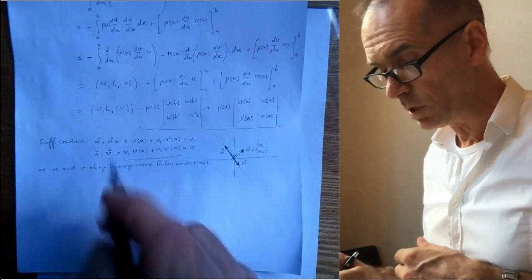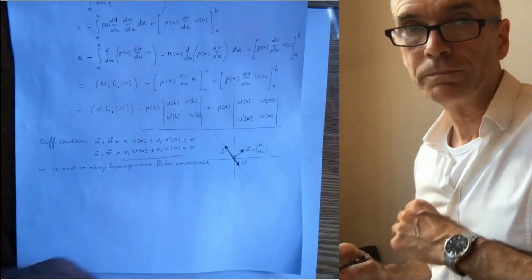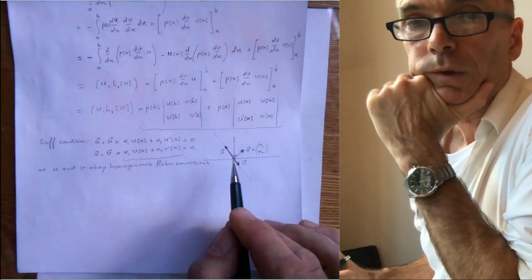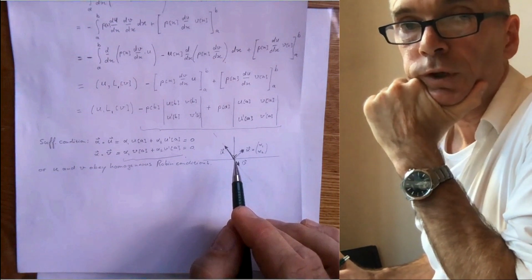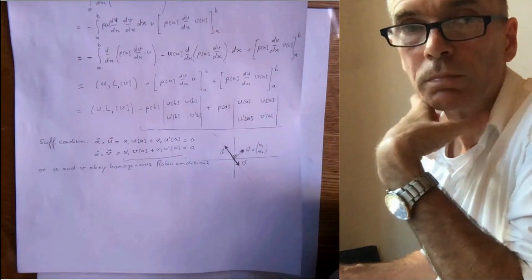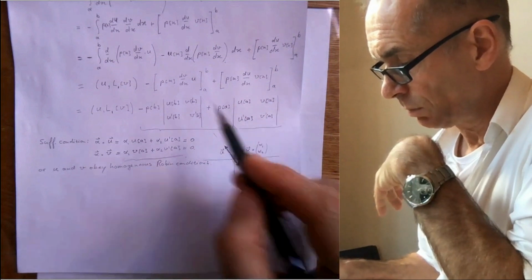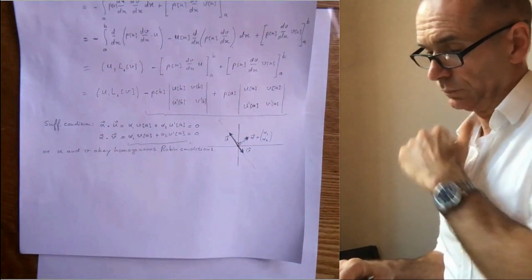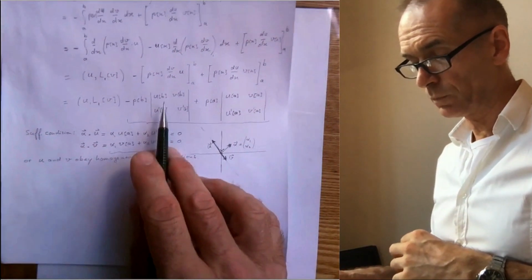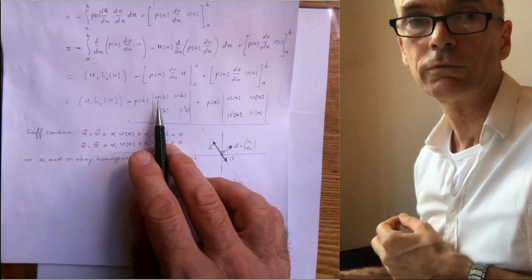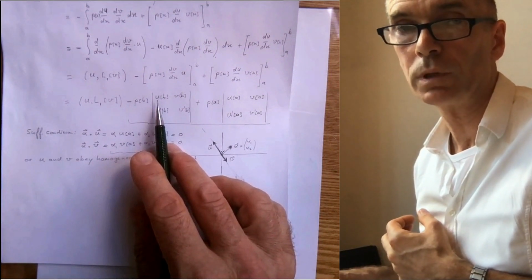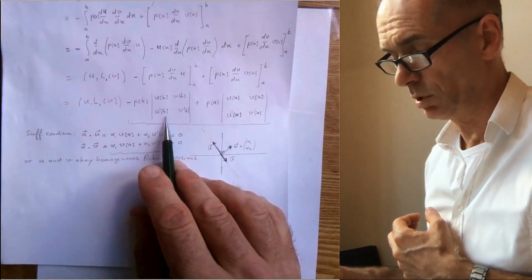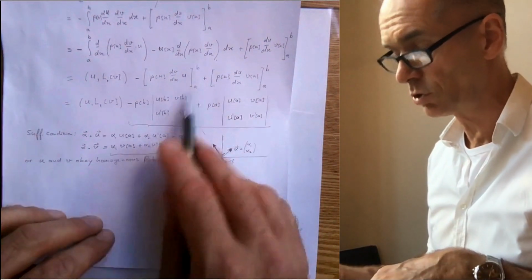So if both u and v obey the same Robin condition at x is A, the starting point of the interval, then for sure this determinant would be 0. Now the same argument applies here: requiring that the functions u and v obey homogeneous Robin conditions at the end of the interval is sufficient for this.